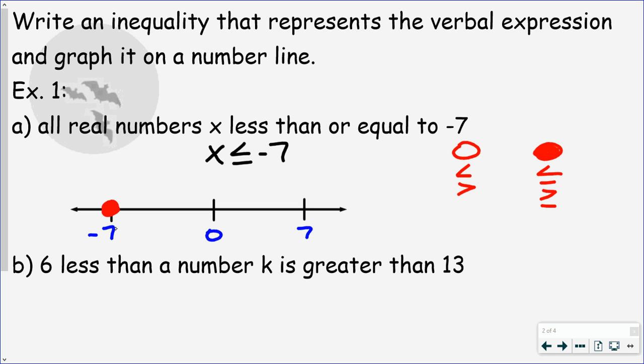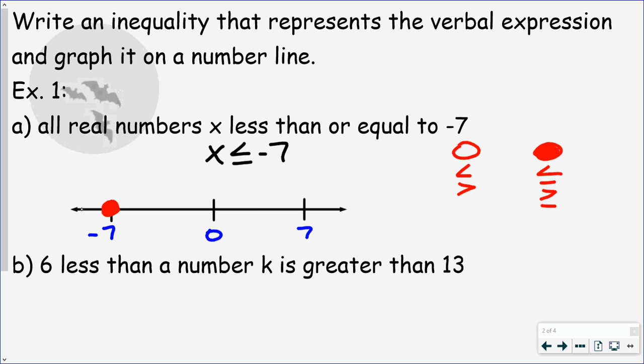The solid circle tells us that x could be -7 because this said x is less than or it's equal to -7. So the solid circle says, okay, x could be -7 or it could be anything less than -7. So what we want to do is shade where the values less than -7 are.